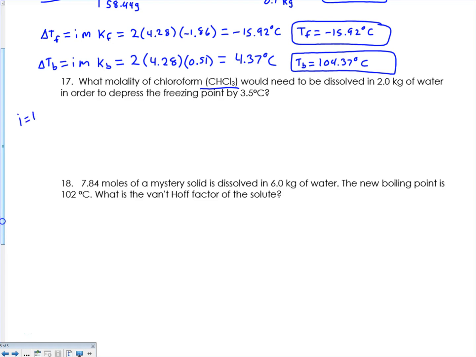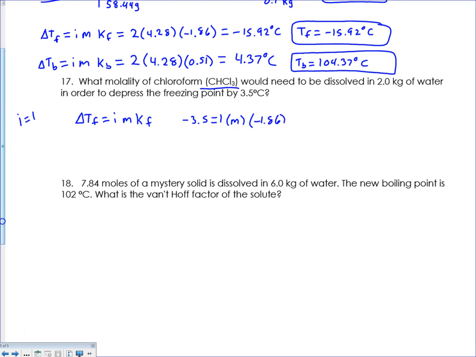All right. You know delta Tf equals i times the molality times Kf. Things we know here: it says the freezing point was depressed by 3.5 degrees, so change in freezing temperature is negative 3.5 degrees. i is 1. The molality is what we're trying to find. So that's our variable. Freezing point constant, negative 1.86.